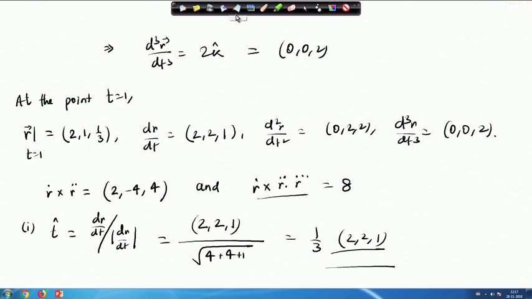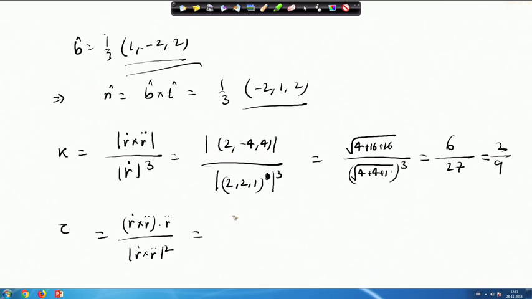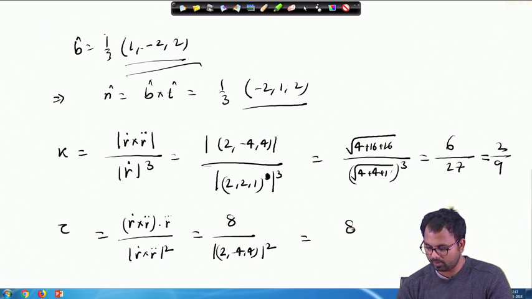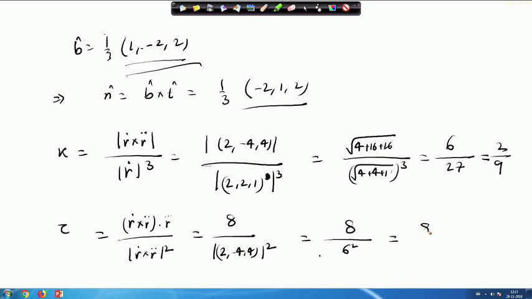If I take the dot product with this here, I will only obtain 8, and in the denominator I will have mod of (2, -4, 4) whole square, which is square root of 4, 16, 16, that is 6, whole square. So, this will be ultimately 8/36. I can cancel by 4, so 2/9. Therefore, we have calculated the kappa and tau.